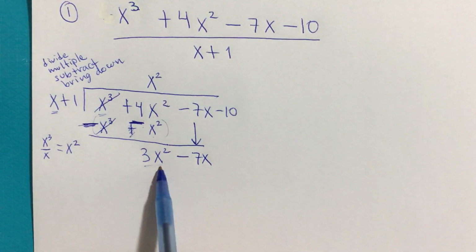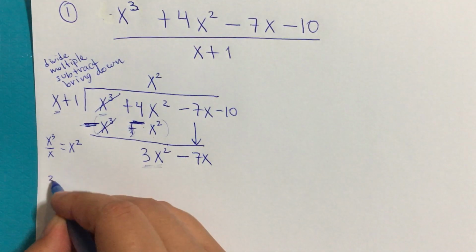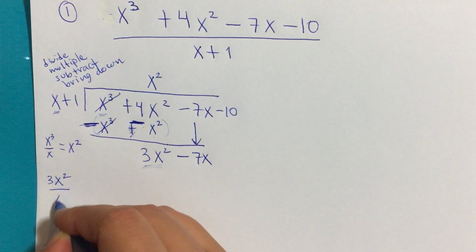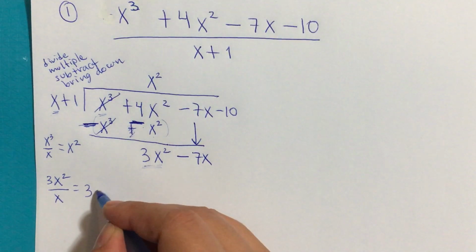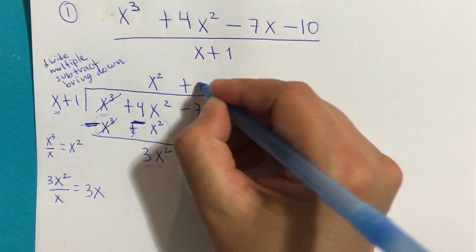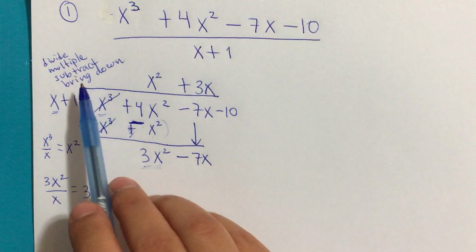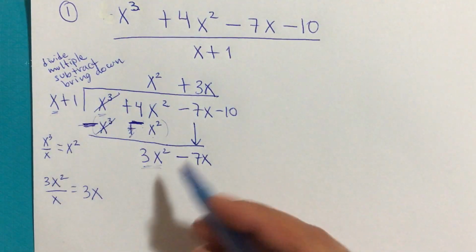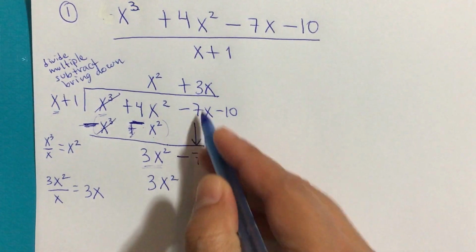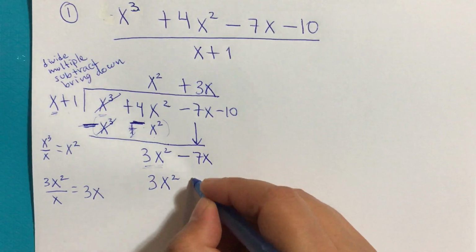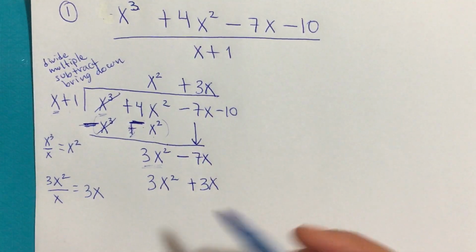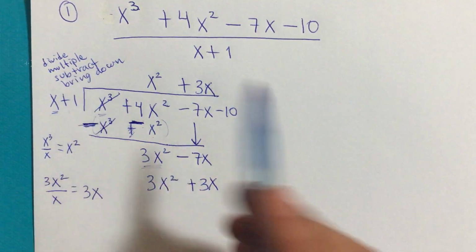So now divide this term by x. So 3x squared divided by x gives us 3x. And I put it right here. And now I multiply. 3x times x is 3x squared. 3x times 1 is 3x. But again, the next step is to subtract.